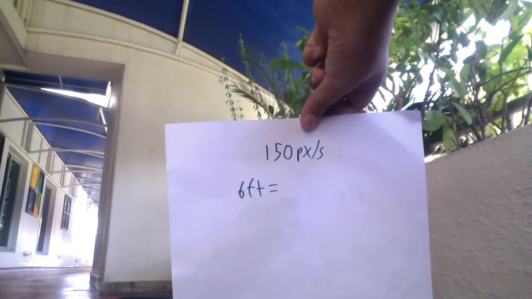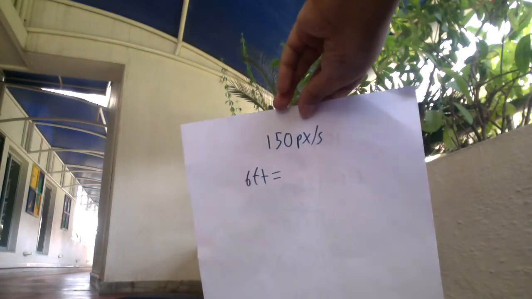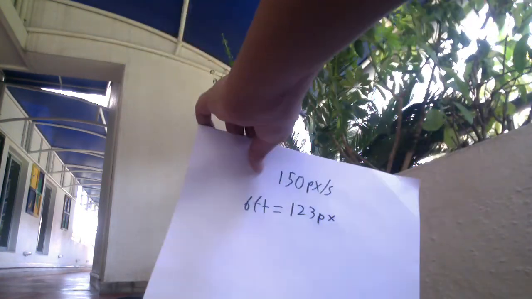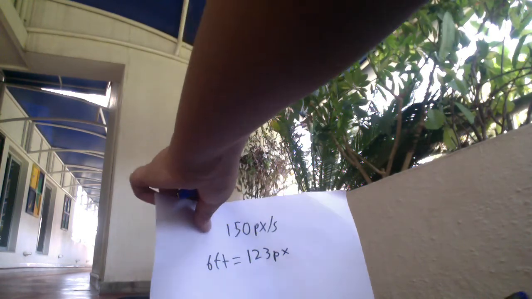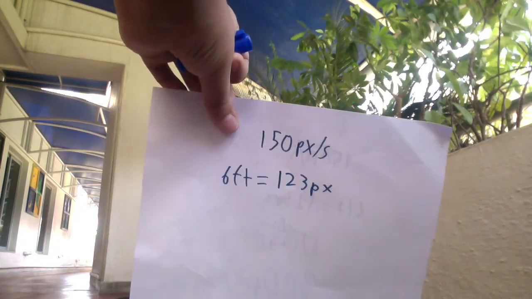So if we take that and set it equal to its pixel equivalent, which is 123 pixels, that means that if we divide 123 by 6, you should get the amount of pixels in 1 foot.